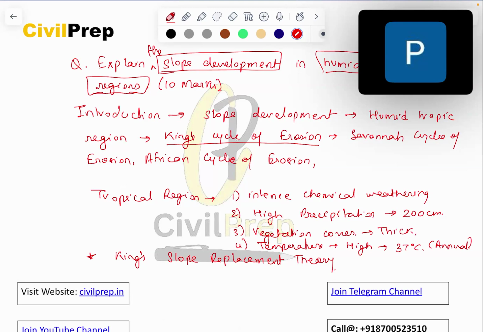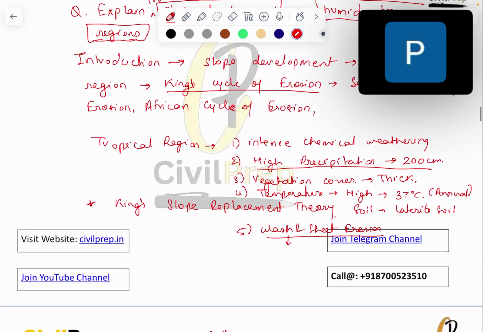The major kind of soil here will be laterite soil. Now, the heavy precipitation and heavy rainfall will result in wash and sheet erosion, which results in the formation of deep regolith.